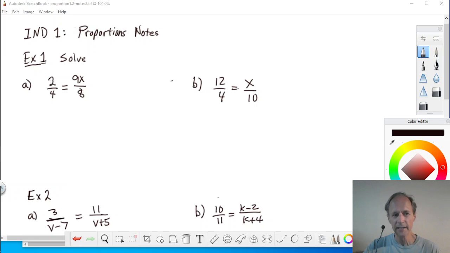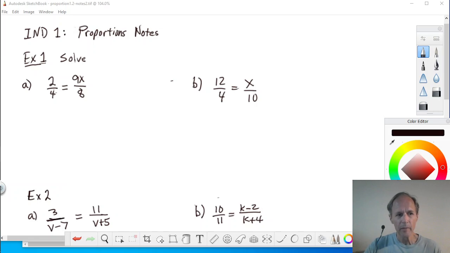Okay, so you take the 2, you multiply it by the 8, and you set that equal to the 4 multiplied by 9x. And that is a step you can always take. It's a valid step. If these fractions equal each other, then those products that we obtain by cross multiplying will equal each other. We can count on it.